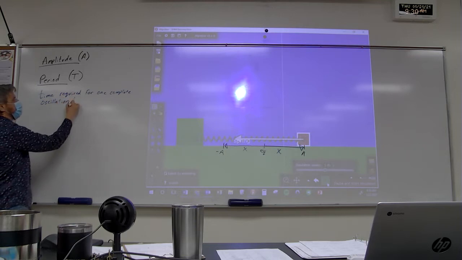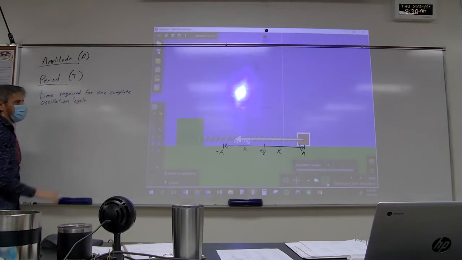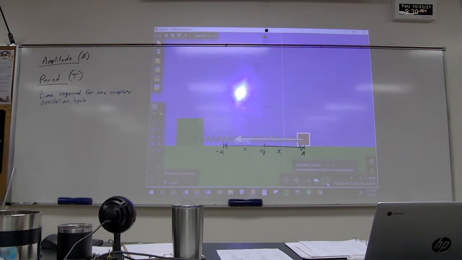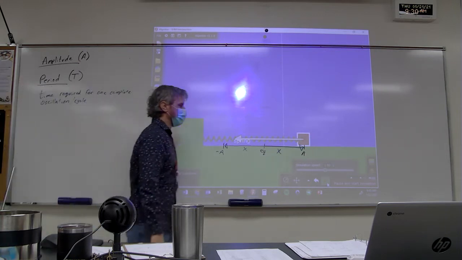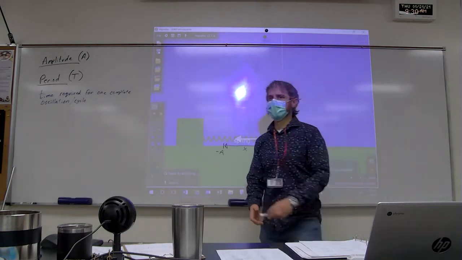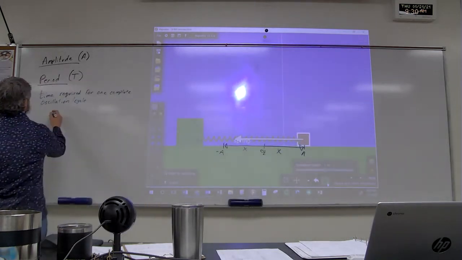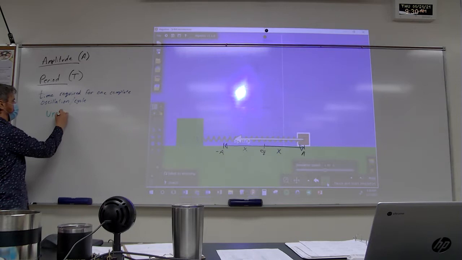Sometimes they say oscillation or cycle or back and forth motion. The time for one complete cycle is the period. Since it is a time interval, the unit is the second.